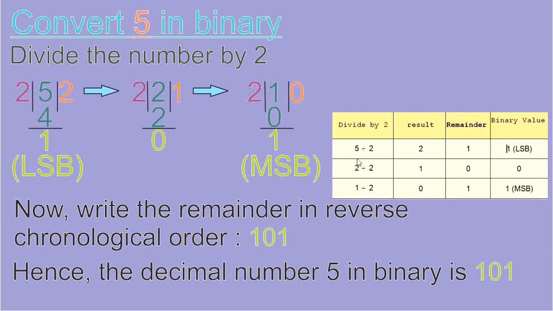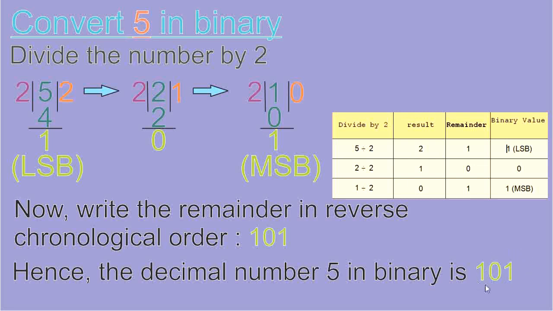See here, we have included it in the table here, to make it a little easier to understand. Now we will write the remainders in reverse chronological order, from bottom to top. Hence, the decimal number 5 in binary is 101.